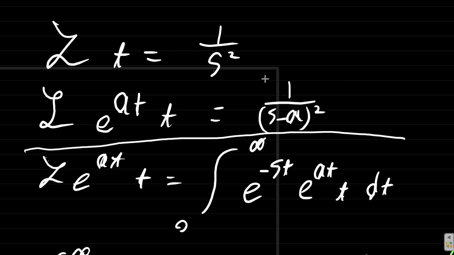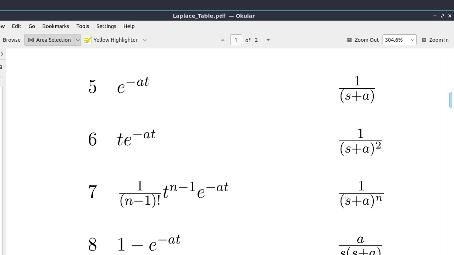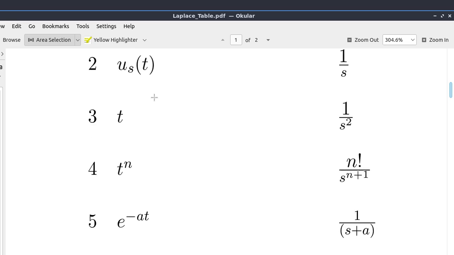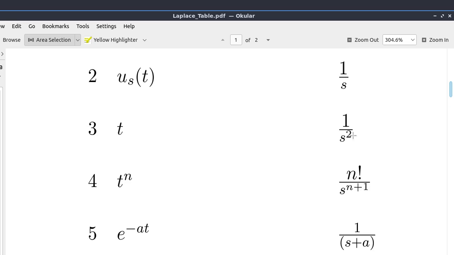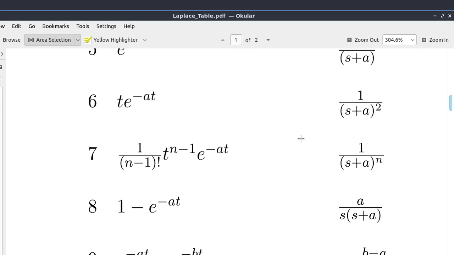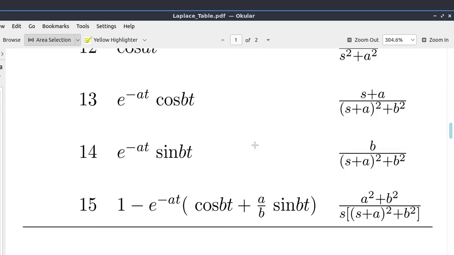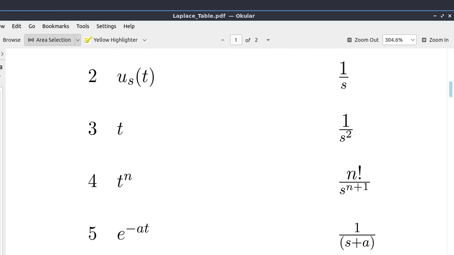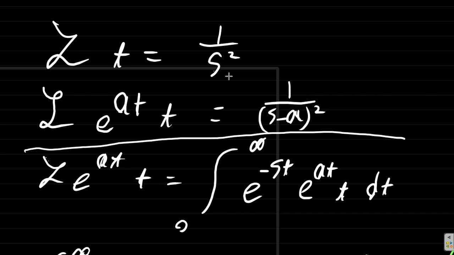Alright. Is it correct? Let's verify it with our table of integrals. Do we have it there? We have t, when you integrate it, you get 1 over s squared. Oh, we wouldn't have that in our table of integrals. But we have it here.